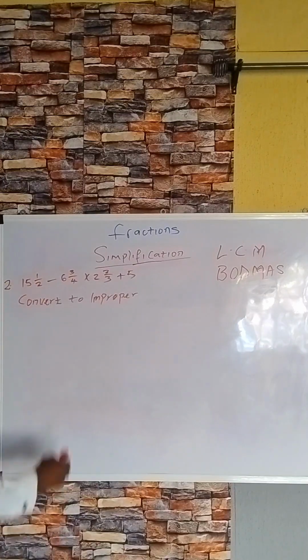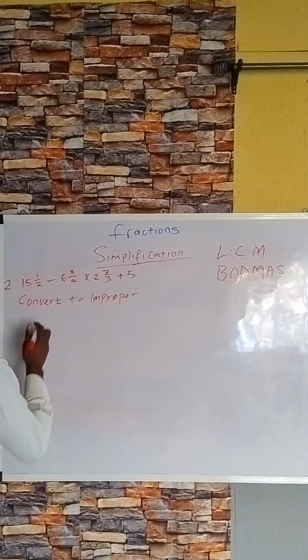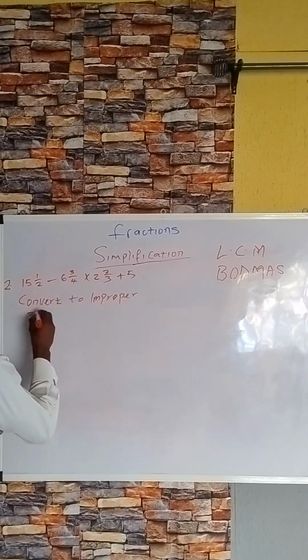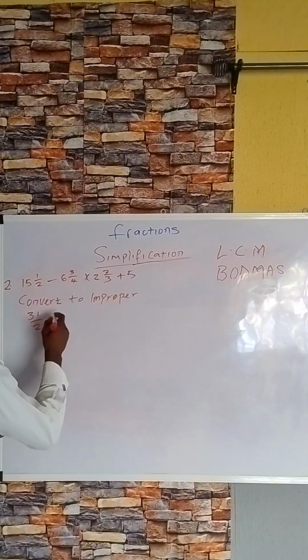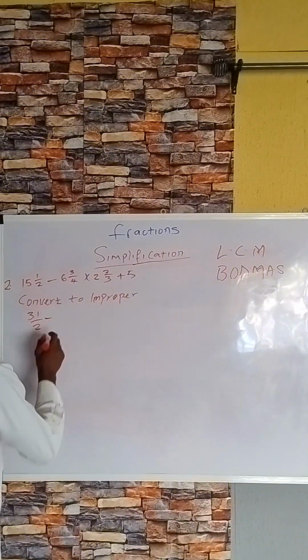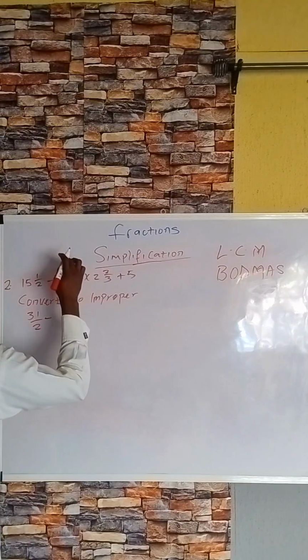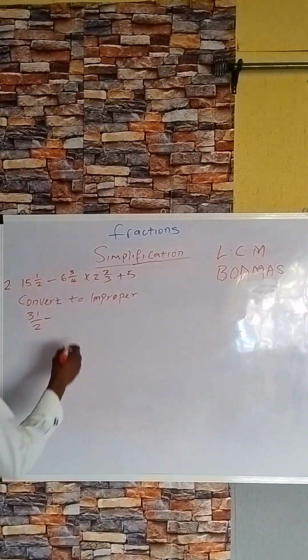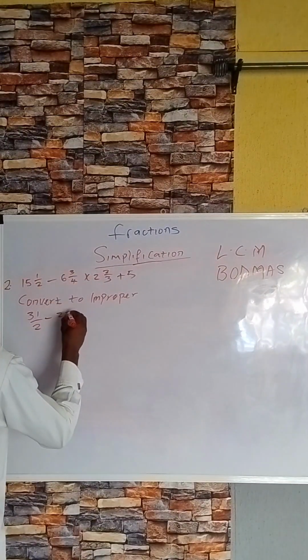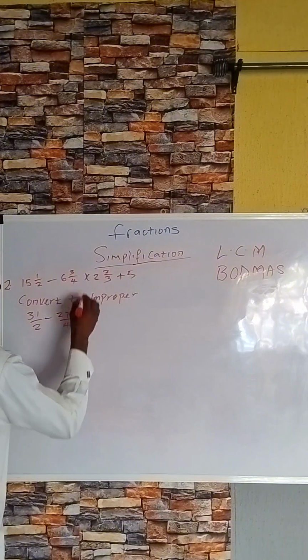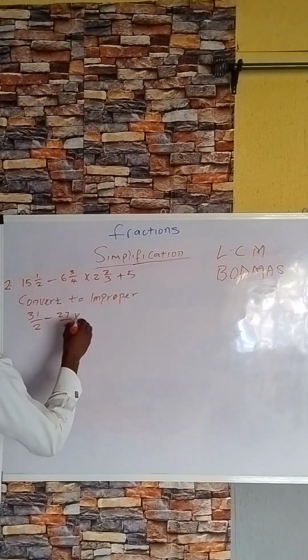2 times 15 is 30 plus 1 is 31 over 2. What's the sign? Negative sign. So 4 times 6 is 24 plus 3, that is 27 over 4. What's the next sign? Multiplication sign.